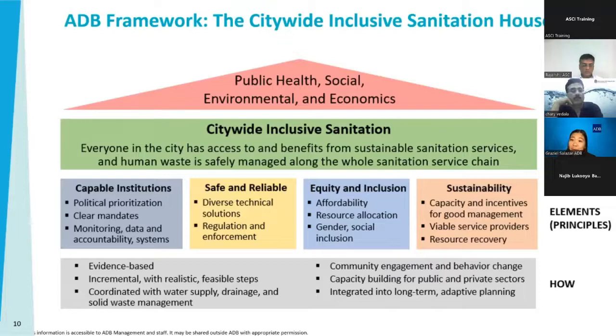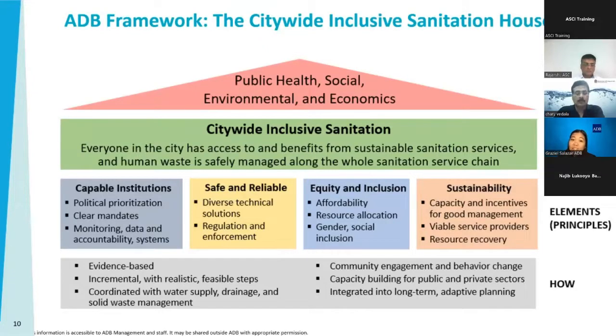We must remember that CWIS is not based on assumptions about what is needed. It is not just focused on building infrastructure. It does not mean that it is only for fecal sludge management or on-site sanitation only or sewerage, or it is not only meant for sanitation projects for slums. But rather, we must remember that CWIS is based on evidence of how, why, and where sanitation services are failing or succeeding.